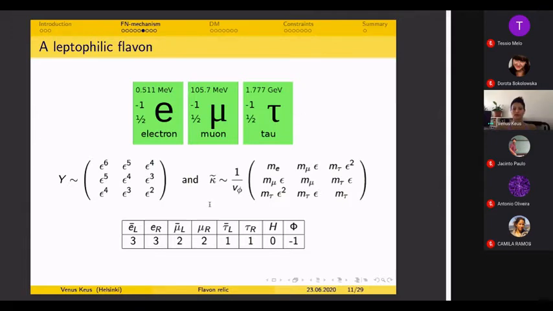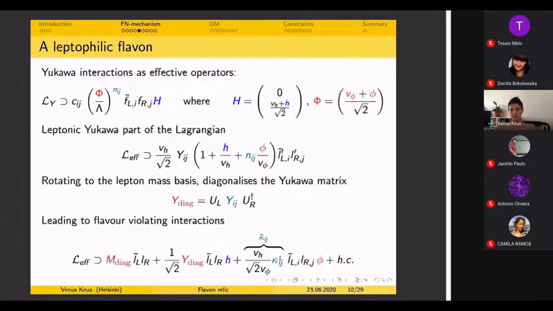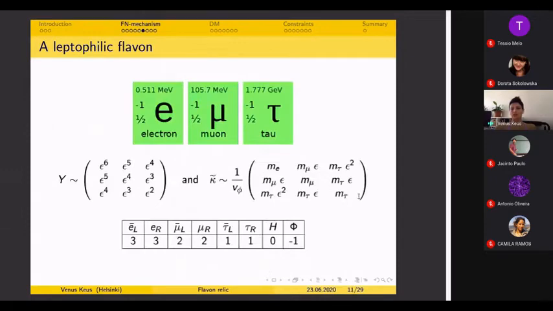And yeah, so what is important is then this kappa tilde matrix, which you see again. So let me just remind you, the kappa tilde is this guy, right? So the diagonal elements come out to be quite close to the masses of the charged leptons, where the off-diagonal elements have some proportionality to epsilon, which makes them smaller.